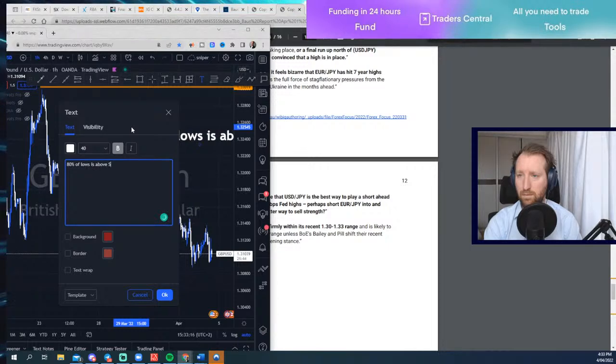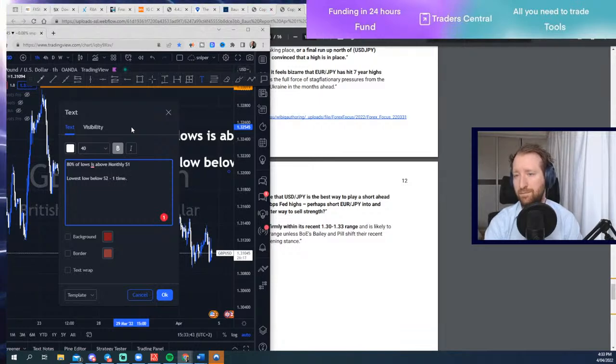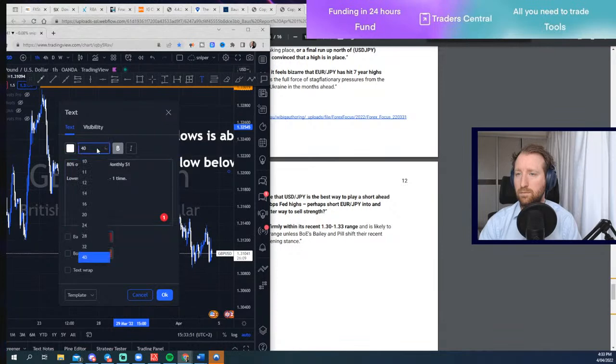And the lowest reading we've ever had in April on pound dollar in the last 20 years was below S2 and above M0, and that only happened one time. So I'm not expecting pound dollar to puke, and I'm not expecting it to go a whole lot lower from here. But I'm also not expecting it to go a whole lot higher.